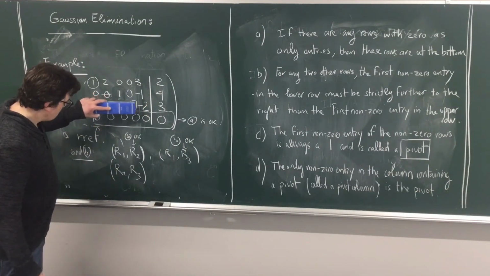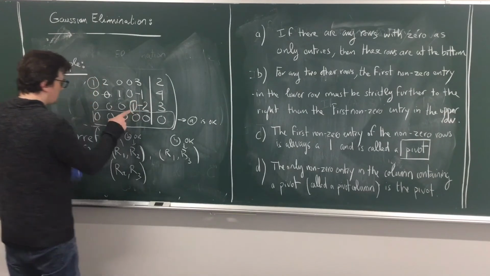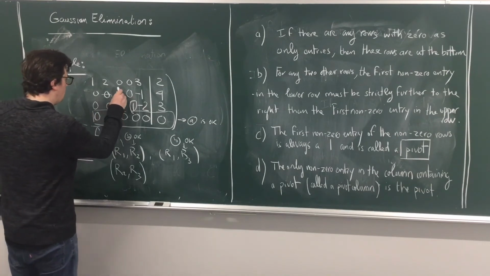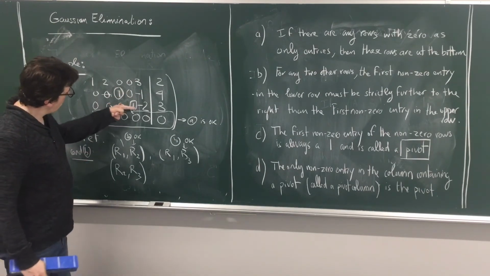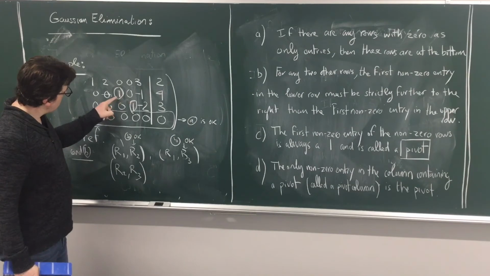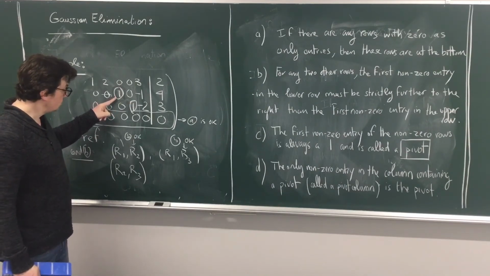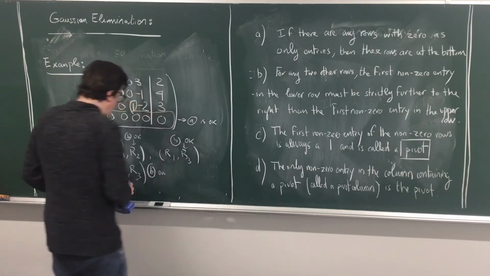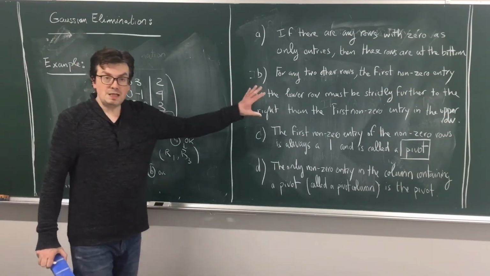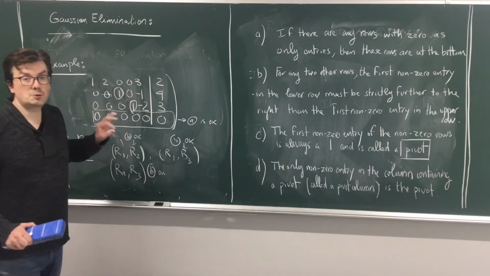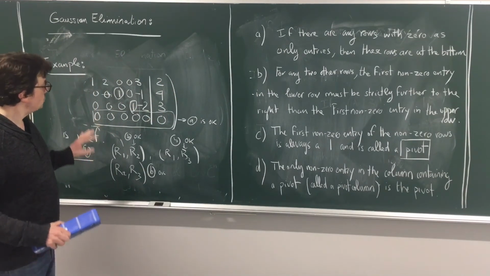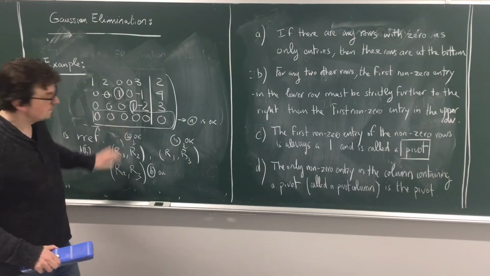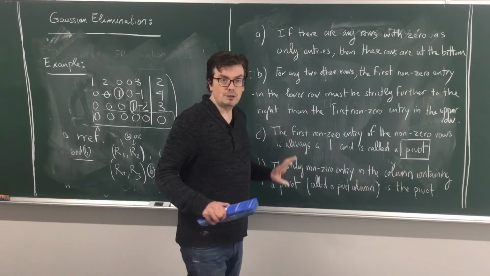And the last one, I'm going to consider row 2 and row 3. The lower coefficient is further to the right than the upper coefficient. This is also true. So B is okay. If condition B is okay for all possible pairs, and you can consider only non-zero rows, then condition B globally will be satisfied.